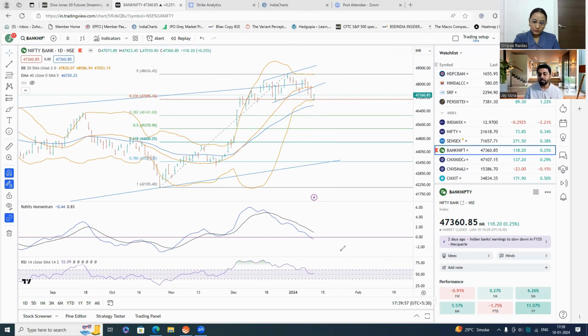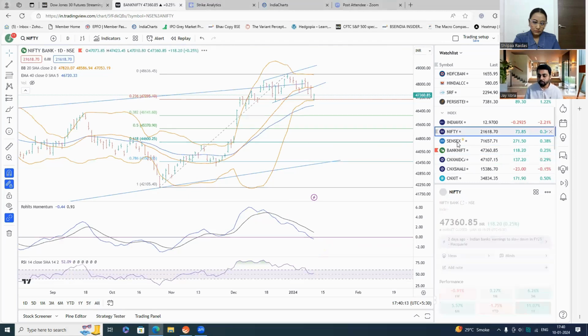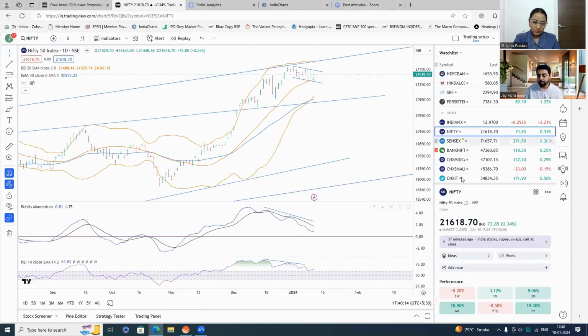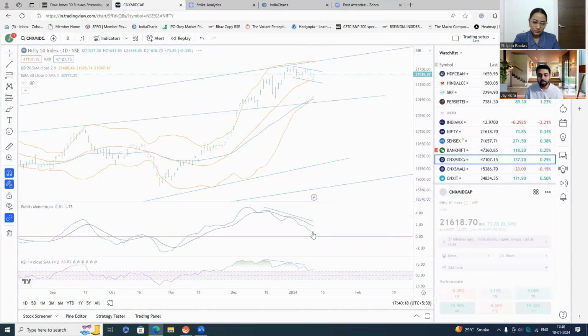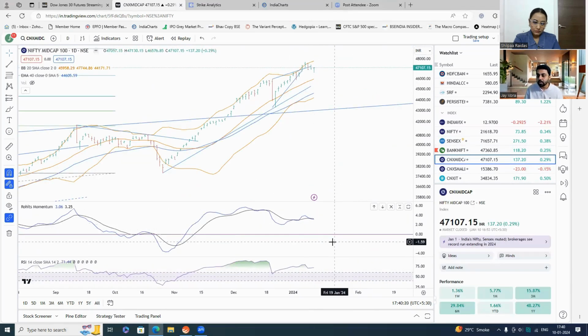But one good thing that has happened in the Bank Nifty is that it has completed the cycle. And this is what we were saying for a long time, that we want the cycle to complete, and then if there is a bullish crossover, we'll see how the situation is. If you see the Nifty index, it has not completed the cycle. The mid cap index is nowhere near completing the cycle.